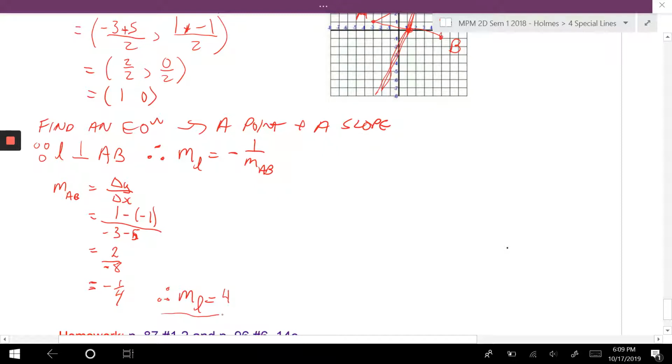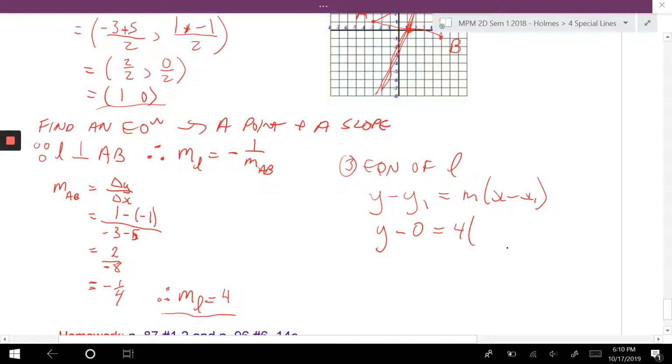So I've got my slope, I've got my point, so now step 3 is to find the equation of my line. I start with my point-slope formula, y minus y1 equals m times x minus x1. My y1 is 0, the slope is 4, and x1 is 1.